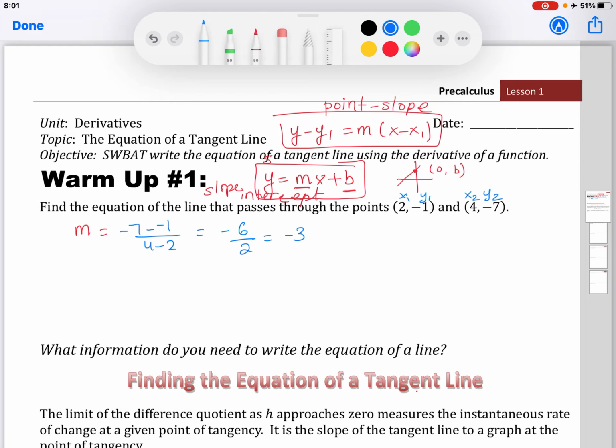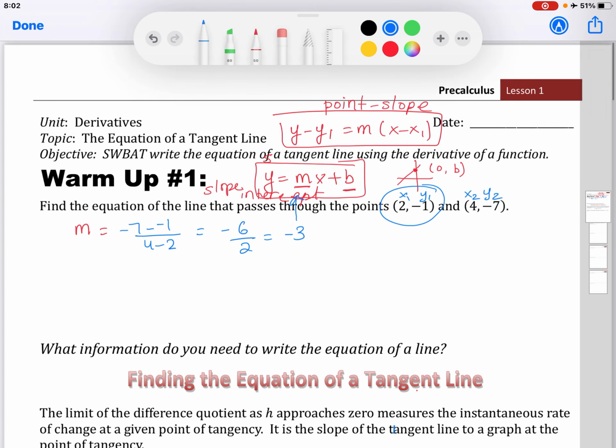Right? And then I already know my m. Now how do I find my b? Once you find your m, I can substitute m into this equation. I can use this point, it doesn't matter which point, I'm just going to pick the first one, for x and y, and that can help me find b. So y is -1, which is equal to -3 times x, which is 2, plus b, equals -6 plus b.